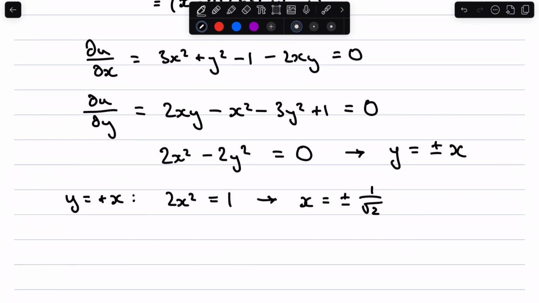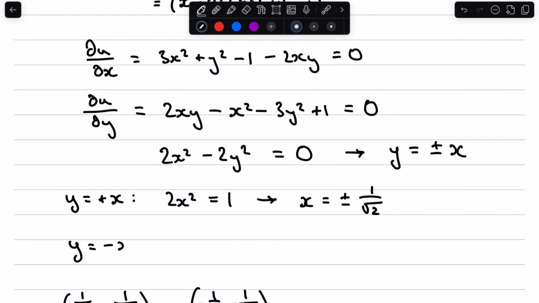So we'll have 2 points there, and I'll write them here. We have x being plus 1 over root 2, and y being also plus 1 over root 2. Or we also have x being minus 1 over root 2, and y being also minus 1 over root 2.